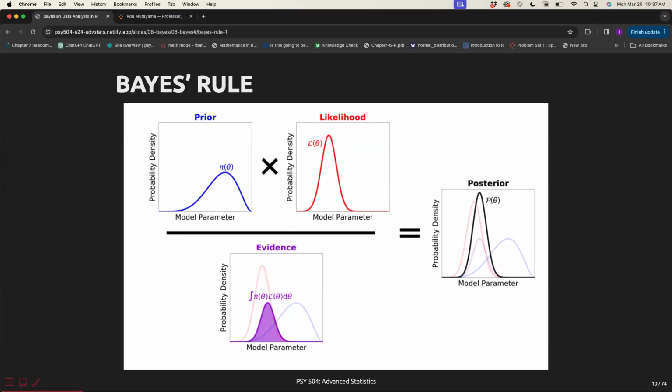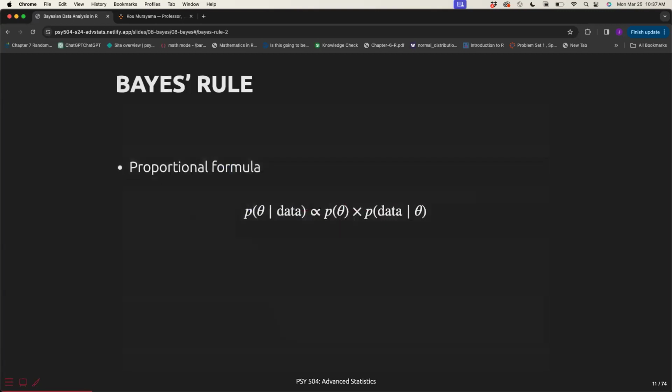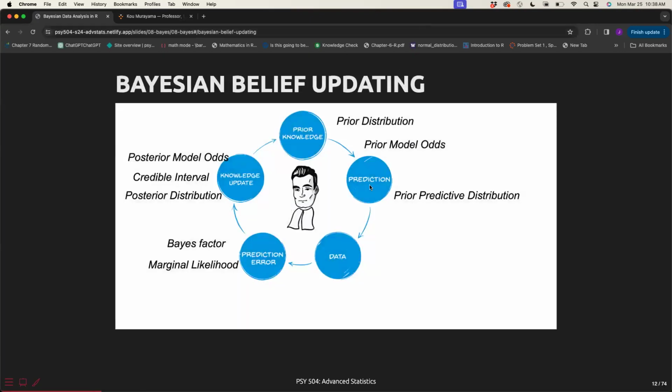So oftentimes we just sweep this under the rug and we rewrite Bayes' rule as a proportional formula. We replace the equal sign with a proportional symbol here, right? So the posterior is proportional to the prior times our likelihood, right? This makes our life a lot simpler when we rearrange the Bayes formula here. All right. So are there any questions so far?